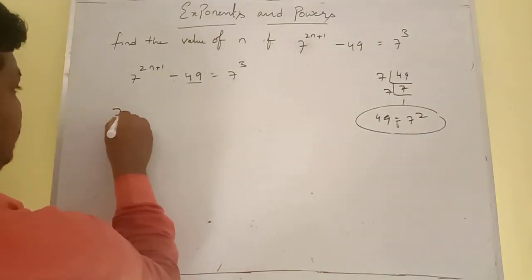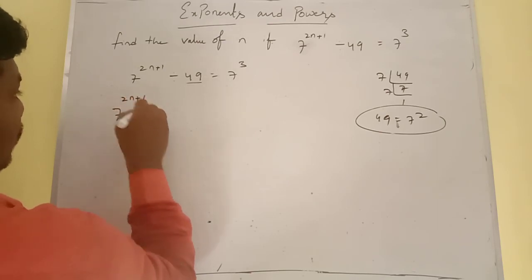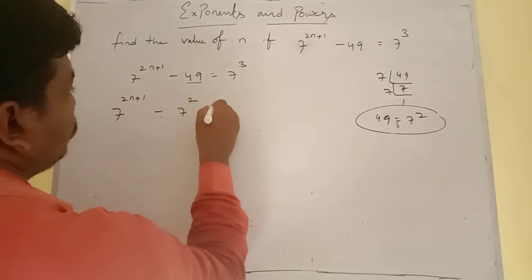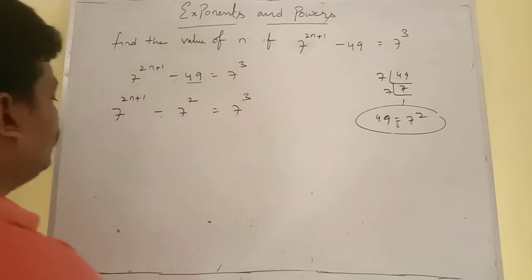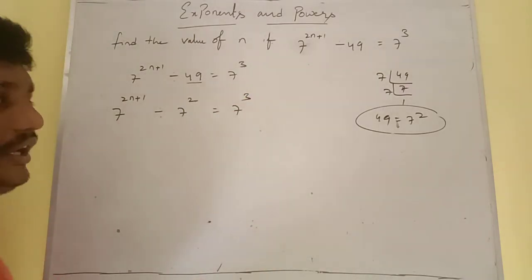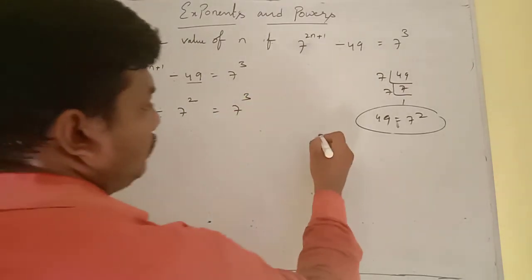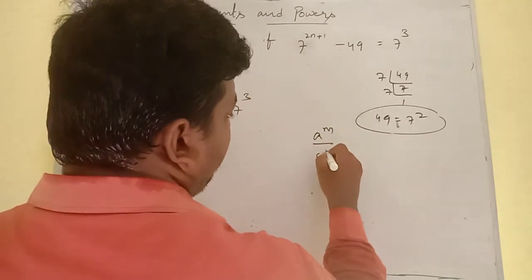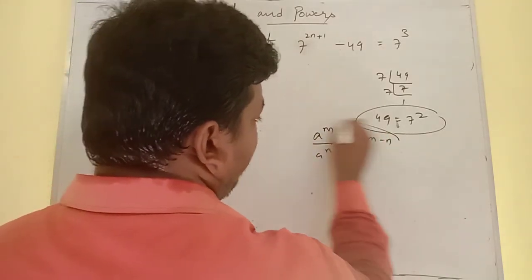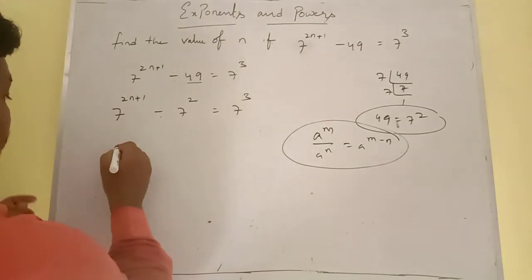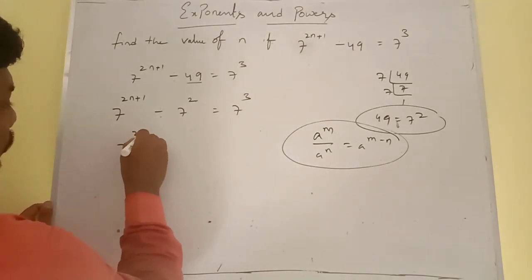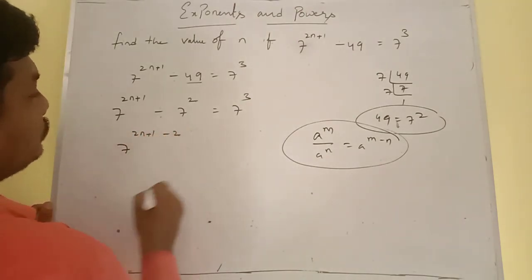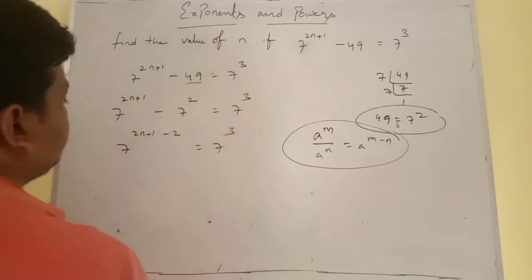This can be written as 7 power 2n plus 1 divided by 7 power 2, that is equal to 7 cube. So under this formula, this is a division condition. a power m by a power n is equal to a power m minus n. So this can be written as 7 power 2n plus 1 minus 2, that is equal to 7 power 3.